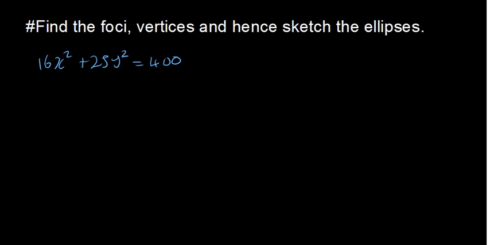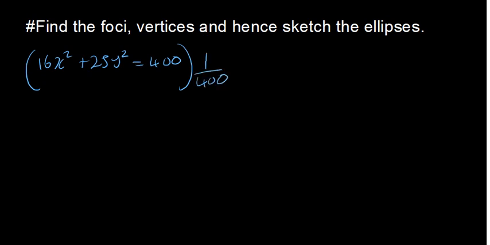So the first thing, of course, we have to find the foci, but before we do that, we have to write the standard form. That's very important. You should always remember to write the standard form. So what we do is multiply by 1 over 400.